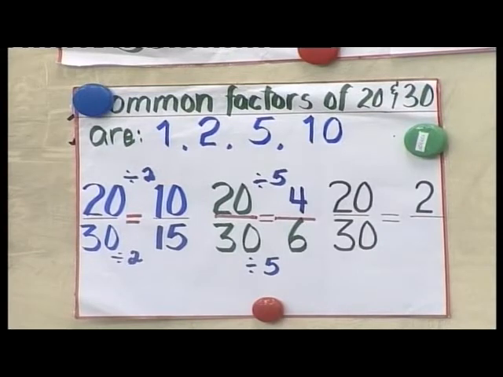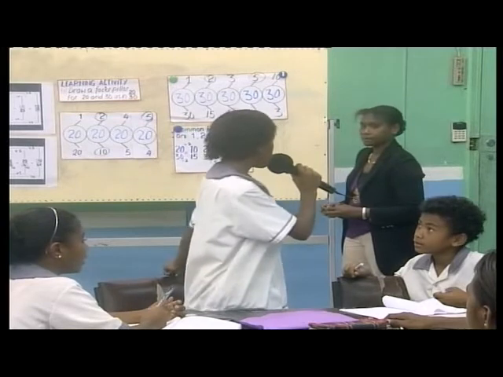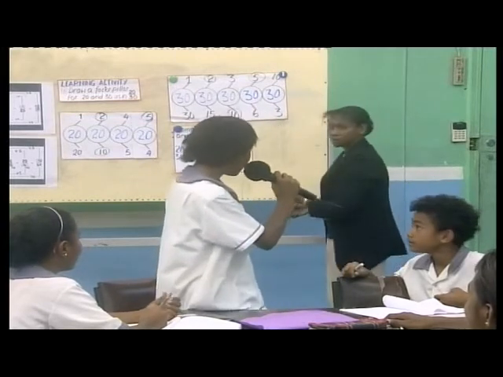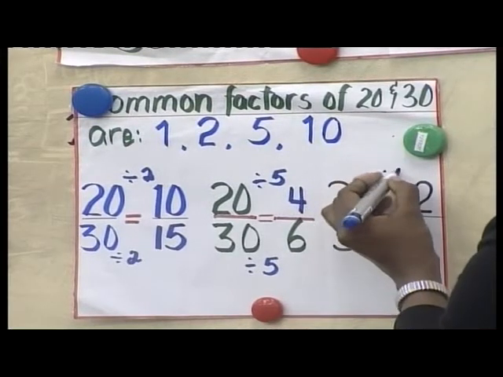Let's now have the last equivalent fraction to 20 over 30. 2 is given. What would be the common factor that we will use to find the last equivalent fraction? Imelda? Very good. 20 divided by 10.